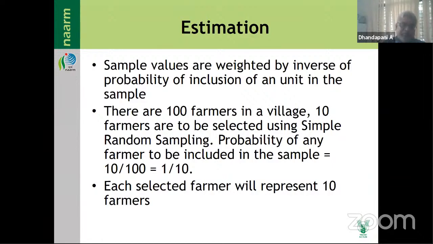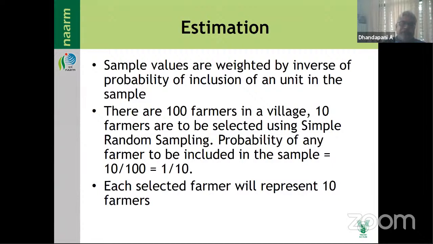So what we are trying to do in the estimation is, one farmer's value is representing 10 farmers. So 10 sample farmers will represent the complete 100 farmers. This is how it works.